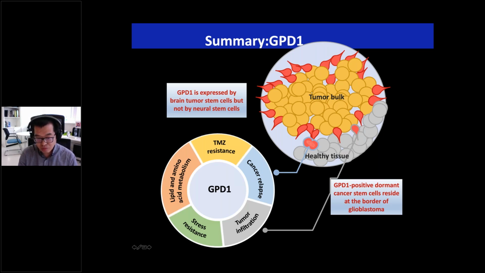Because they're at the border, I think they are very infiltrative, and they are stress resistant, because GBD1 is basically classified as a stress responsive gene. I think that's indicating this is probably a very important regulator for stress resistance in cancer stem cells, and also that lipid metabolism is very important in regulating cancer stem cell behavior.